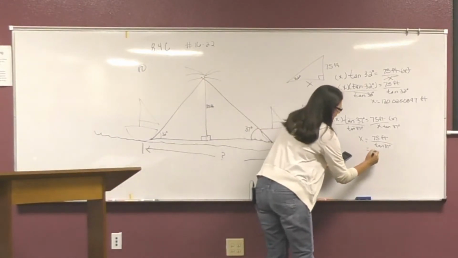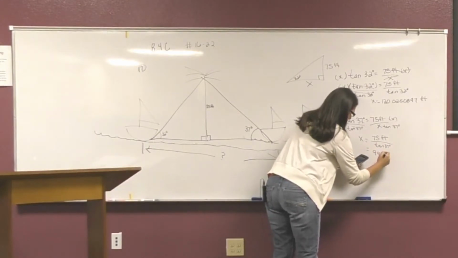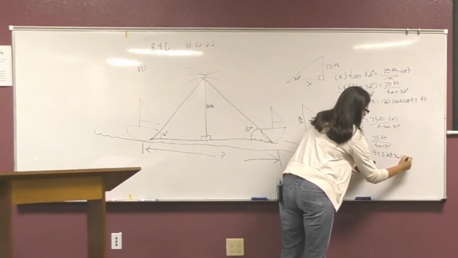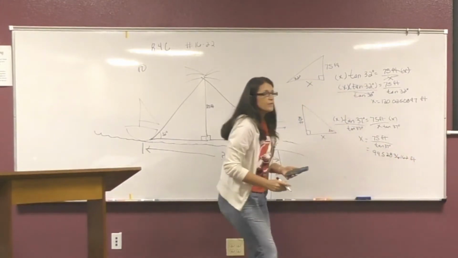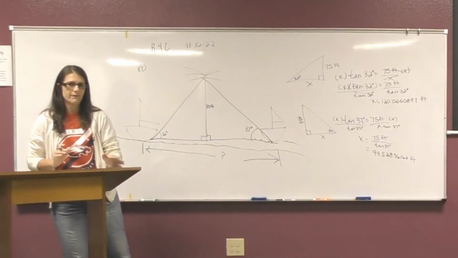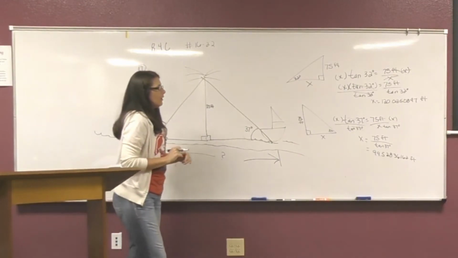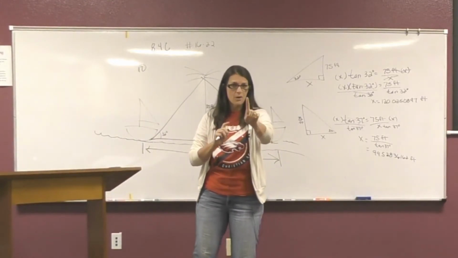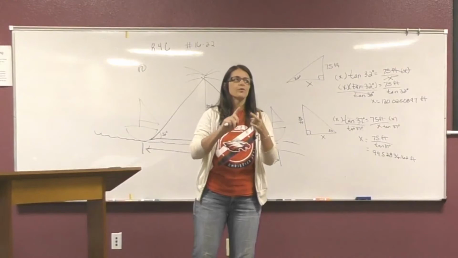99.9 0.528366162. Don't exit that out of your calculator. Just keep that in your calculator. Hopefully you have noticed that I have not rounded yet, and hopefully you remember why.